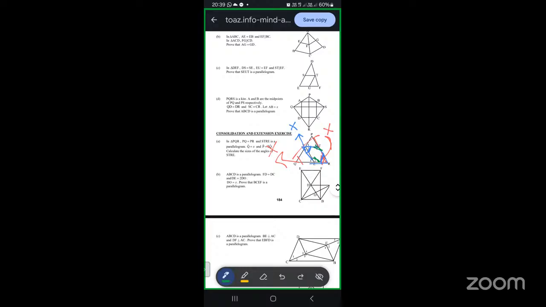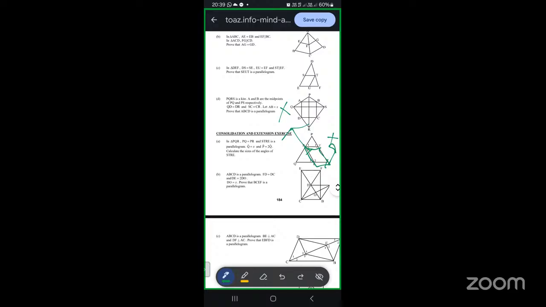Okay. Let me ask you guys this question. In this parallelogram, we found that as x. We also found that as x.